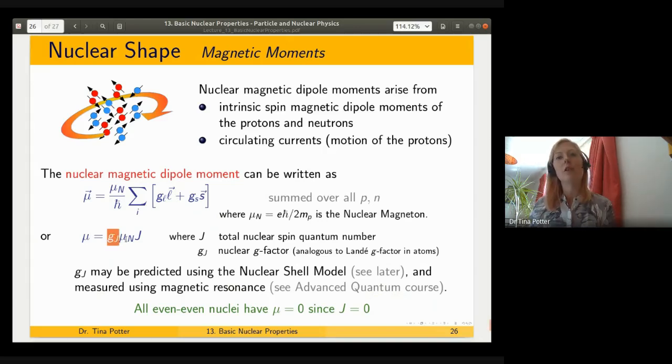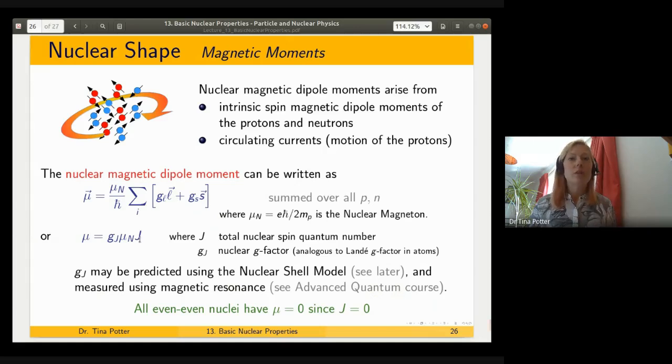This is going to be our nuclear g factor, and this is analogous to our Landé g factor in atoms, times the nuclear magneton multiplied by the total nuclear spin that we have. So, like we said in the previous slide, if you've got an even nucleus with J equals 0, its magnetic dipole moment will be 0 because it's a sphere.